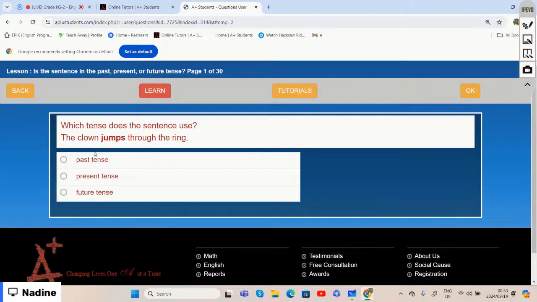We need to say which tense the sentence uses. It says, the clown jumps through the ring. Jumps, is it option one, past tense, option two, present tense, or option three, future tense?